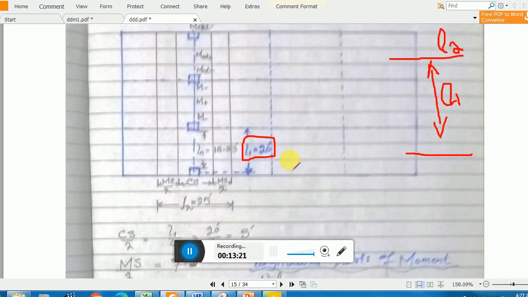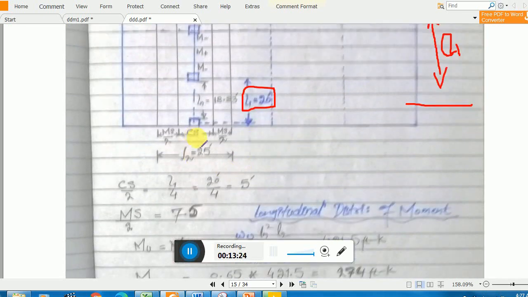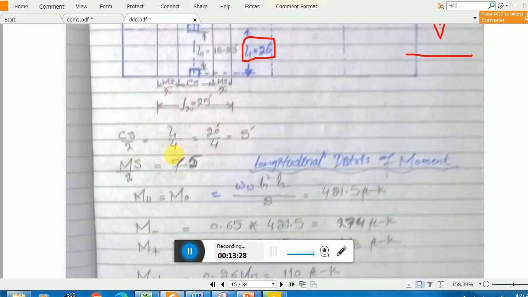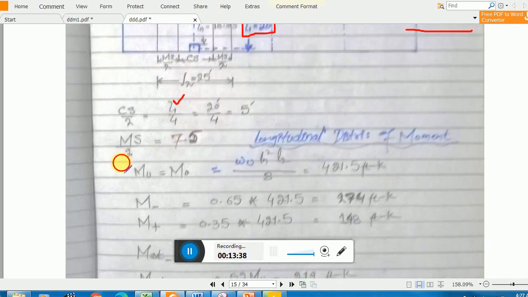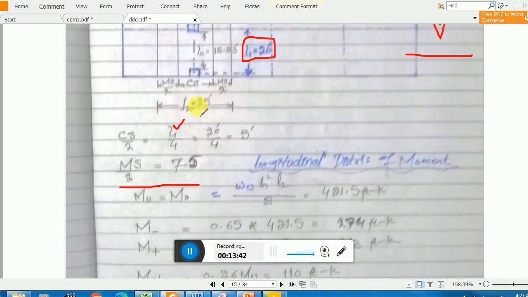The rest of the calculation, you see column strip, middle half strip, middle half strip, column strip half, you will determine the length. L1 by 4 here, remember here L1 is governed, in the east-west direction L2 is governed. Again you have to find your MS half, which is just this 25 minus column strip width, and then divide by 2, so you get that value.